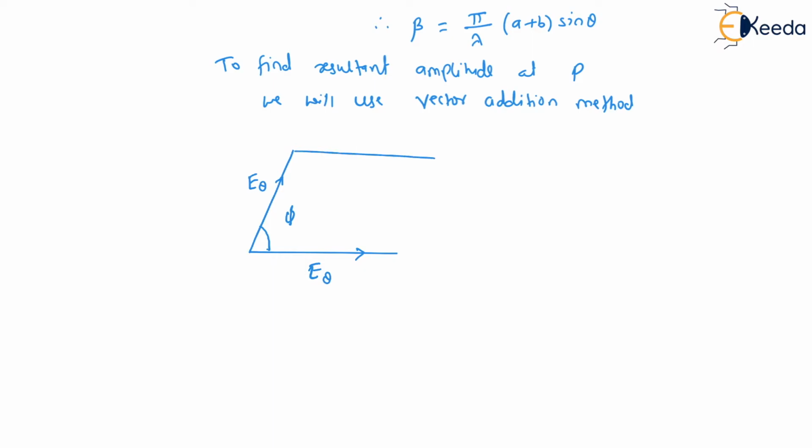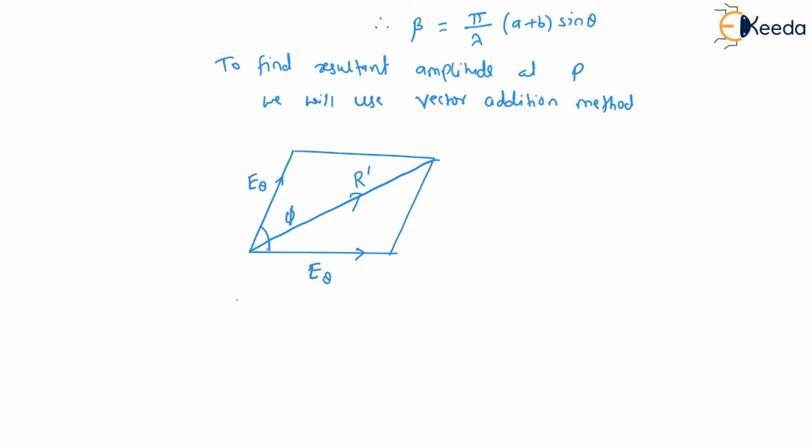If we consider two given vectors as adjacent sides of a parallelogram, then its diagonal gives us the resultant. Let this diagonal be R dash, the resultant of these two.